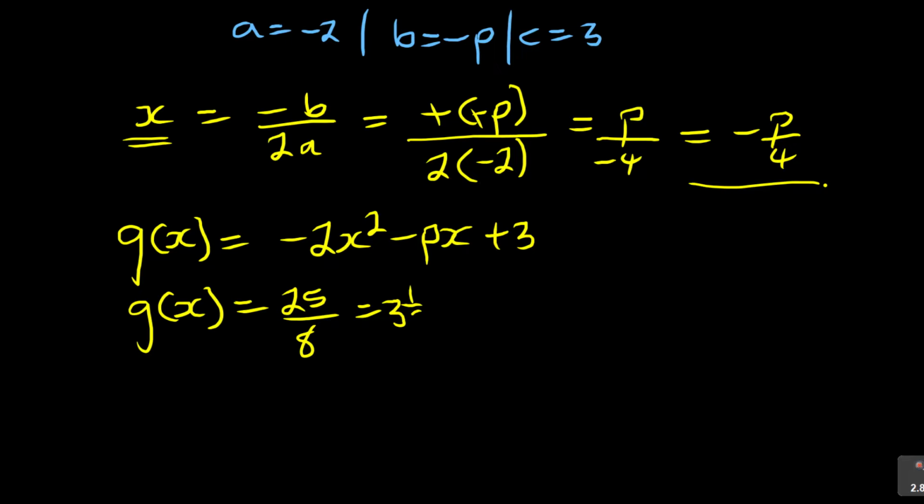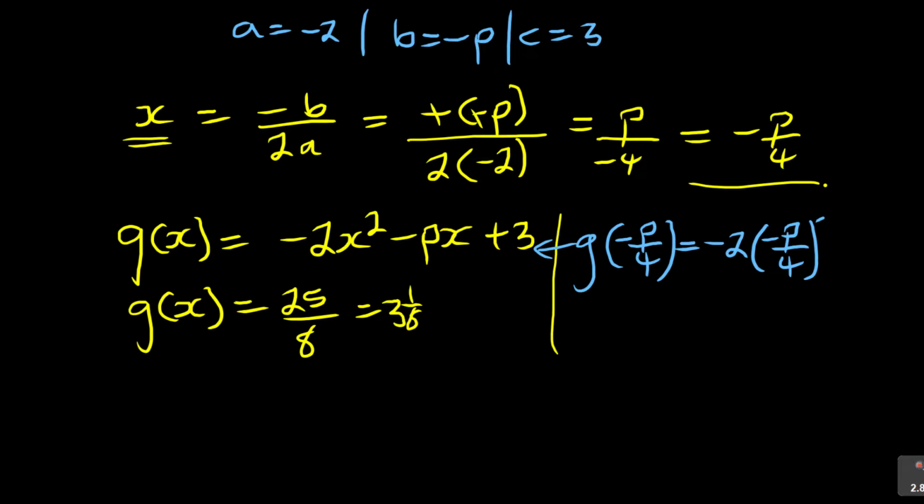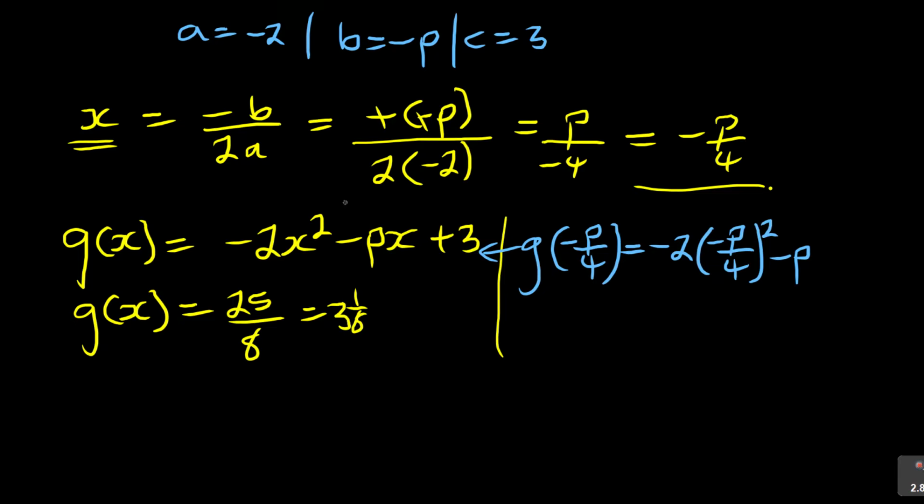You see? So now, it means there are two things that I'm having. Look at this. I can come here and say g of, I know my x. X is minus p over 4. If I take it from here, it will be negative 2, and then where there is x, I put minus p over 4. Are you seeing that? Squared, minus p times the bracket, px is what again?